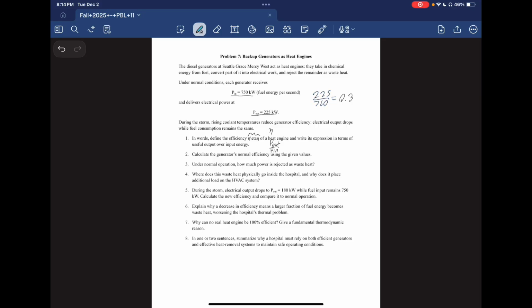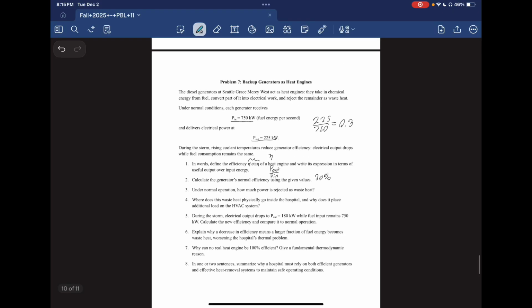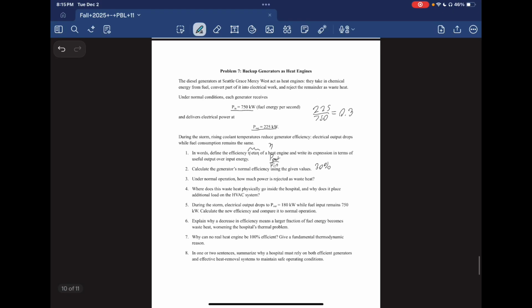And so for question 2, the normal efficiency is 0.3 or 30%. And then question 3 wants us to answer how much power is rejected as waste heat. The answer for this is just going to be the difference between P in and P out. So if you do P in minus P out, that's 750 minus 225, and this is 525 kilowatts. So I'll put that down here.